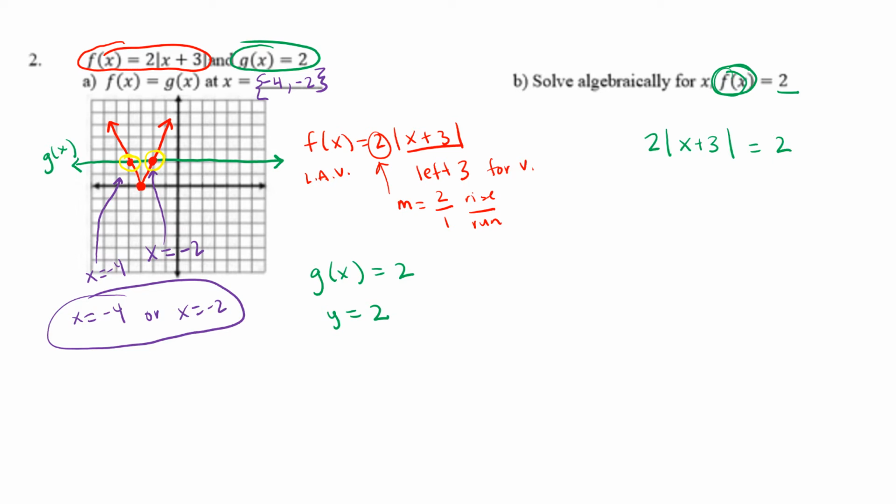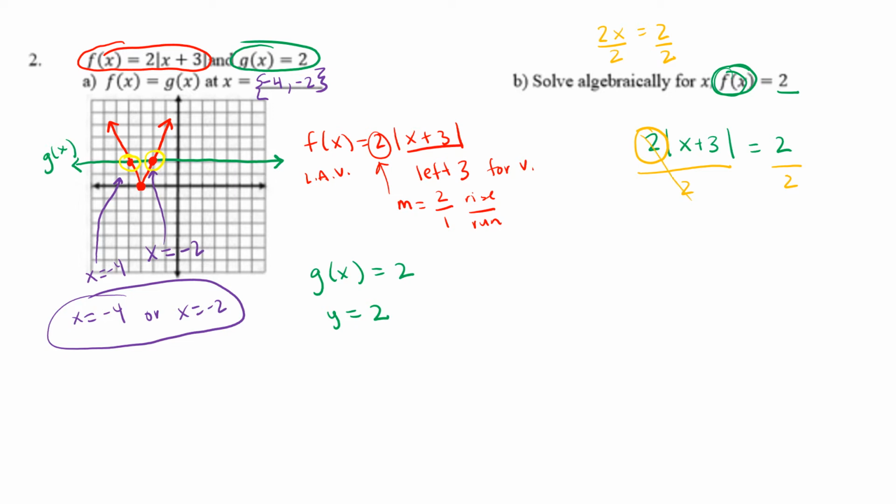Right now, our first step is to isolate the absolute value. In this case, we need to move this 2 that's sitting out in front. To move that 2, think of it as just, what if it was like 2x equals 2? To move that 2 in front, we divide both sides by 2. So we're going to take that same step here, divide both sides by 2. That'll isolate our absolute value.